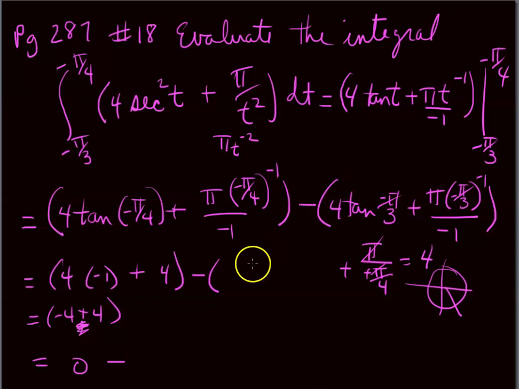Minus. Okay, let's see here. We're going to put in negative pi over 3. Well, the tangent, let's see, in this case, this triangle, do you remember this stuff? This is sine over cosine. The sine of negative pi over 3 is a negative square root of 3 over 2, and the cosine of negative pi over 3 is a positive 1/2.